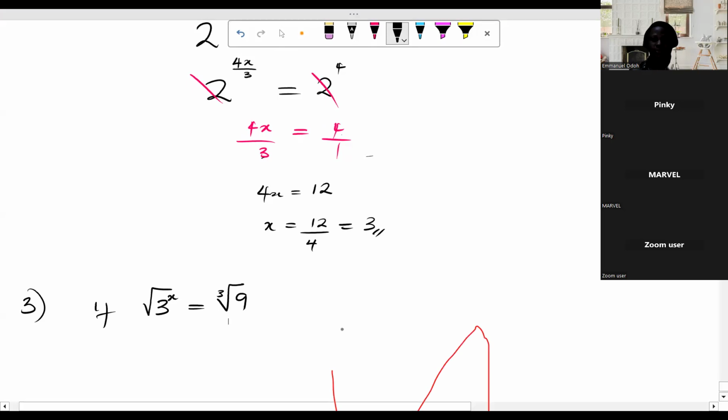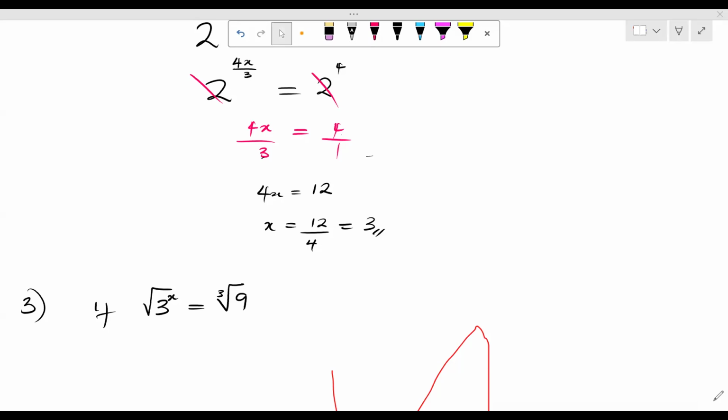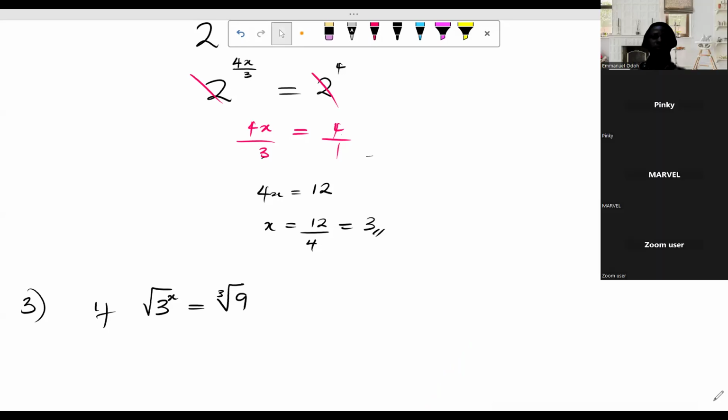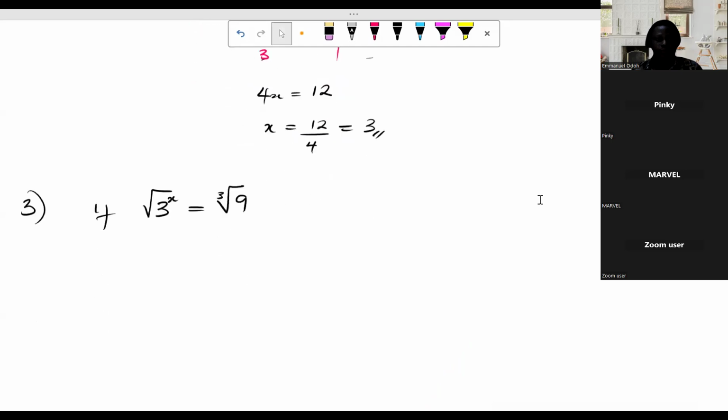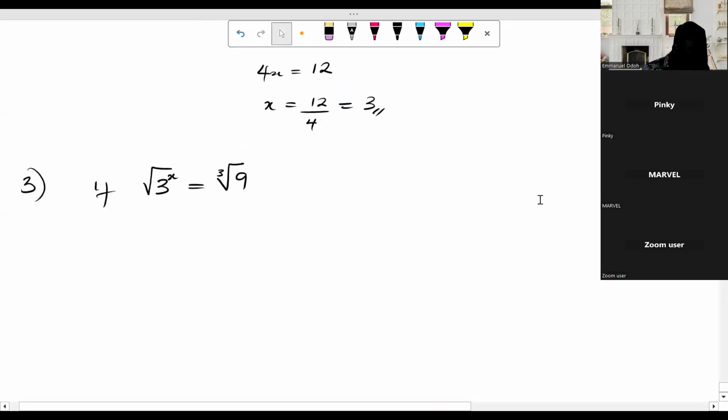Please do not scribble, do not annotate. Okay, so this is what we have. So what is the value of x?